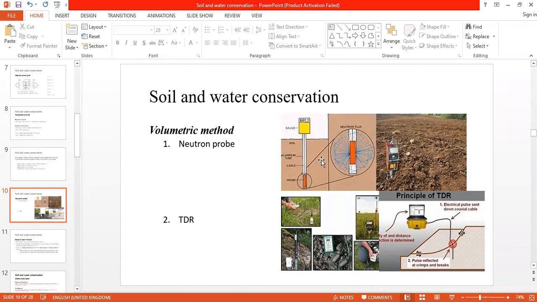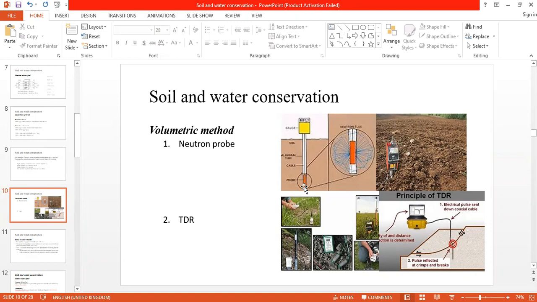For example, this one is what we call a neutron probe. You just put pipes in the field at strategic points, then you go with the probe and insert it in that pipe. Basically what it does is send out neutrons into the soil, to a radius of 30 centimeters, and then they are supposed to come back.